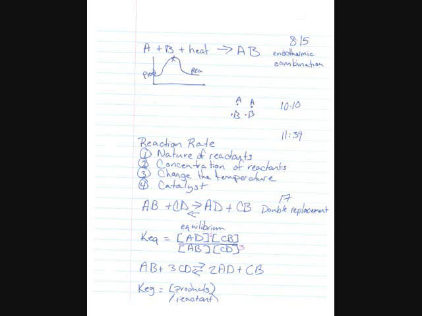We can change the temperature. Endothermic, exothermic. Unless it's an exothermic reaction, most chemical reactions will go faster with heat simply because the heat is making the molecules move faster. So the faster the molecules move, the more likely they are to collide, the more number of collisions.